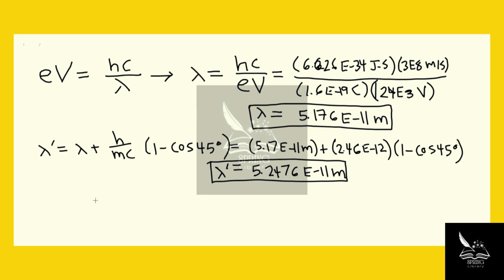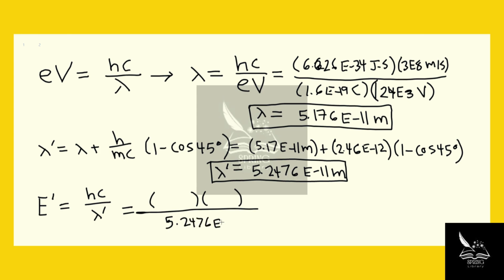Great. So now that we have the post-scattering wavelength, we can easily get the post-scattering energy, call it E prime, as hc over lambda prime. And you can simply insert the Planck constant as before, c as before, divided by what we just found for the new wavelength, 5.2476 e to the negative 11 meters.